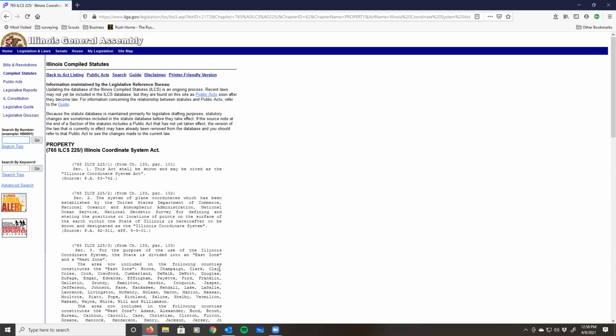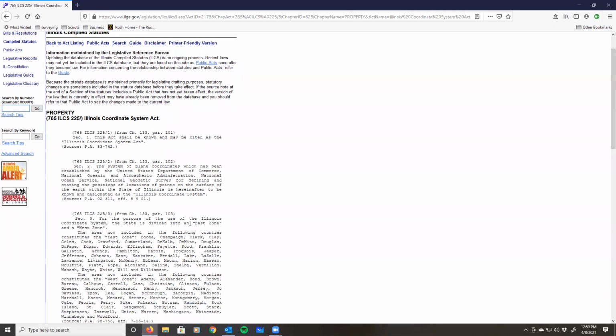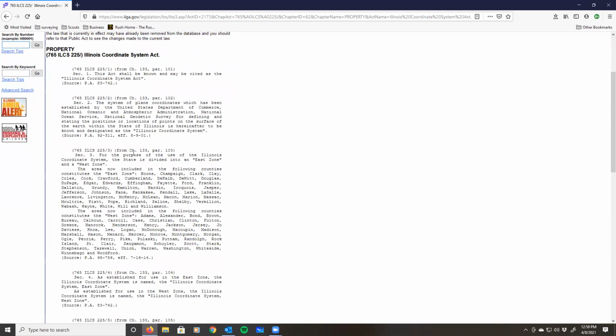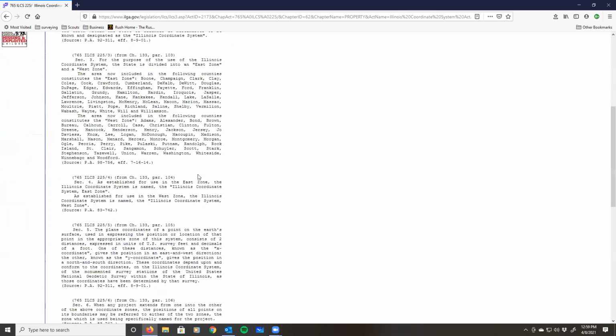It goes in and talks about the importance of the coordinate system that's accepted by NOAA and the National Geodetic Survey for establishing points on the surface of the Earth. It goes into defining what counties are in the east zone and which ones are in the west zone.